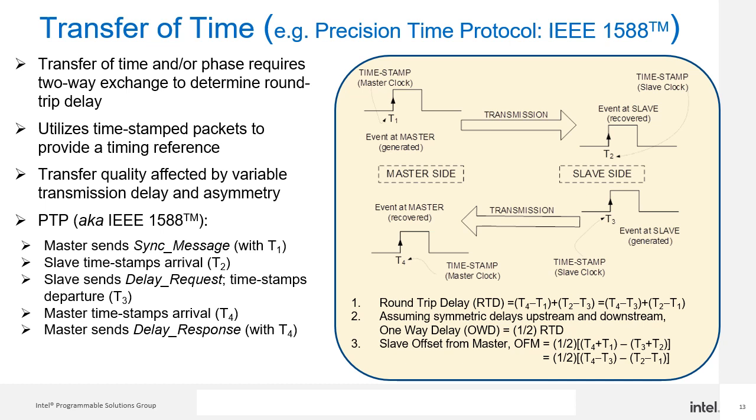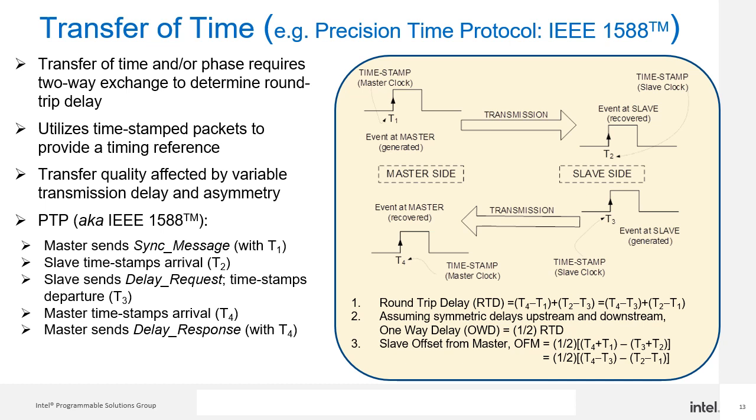But that does not take into account any transmission delay of that event or that packet or that message going from master to slave. So there has to be a way of establishing what is this time delay.